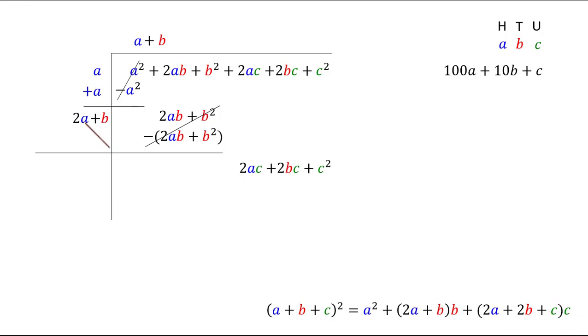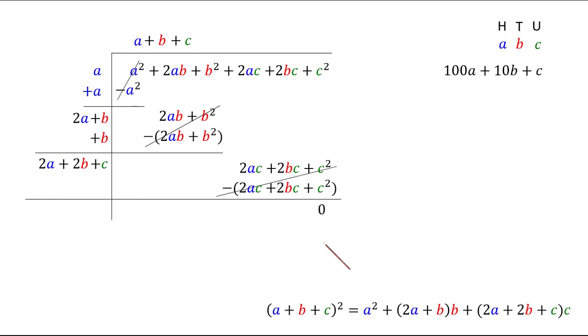We already have 2a, so that's not a problem. We only have one b, so we require one more b because b is known to us. We add a b to get 2a plus 2b, but we still do not know what is c, and multiplying with the same number c. So we again do the experiments. We add a c, multiply with the same c to get 2ac plus 2bc plus c square.